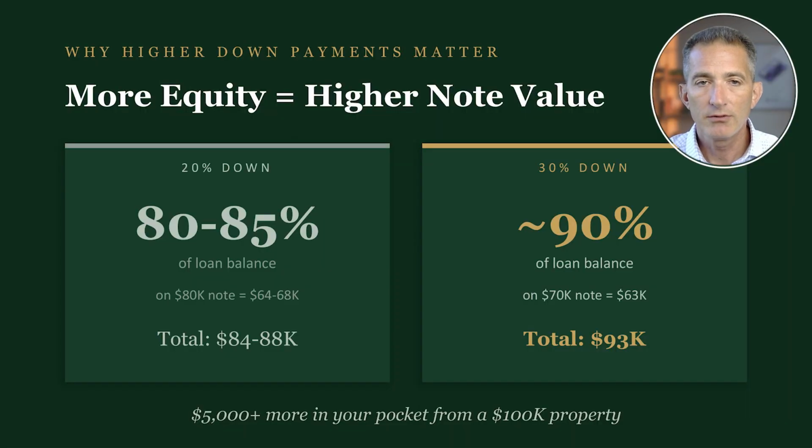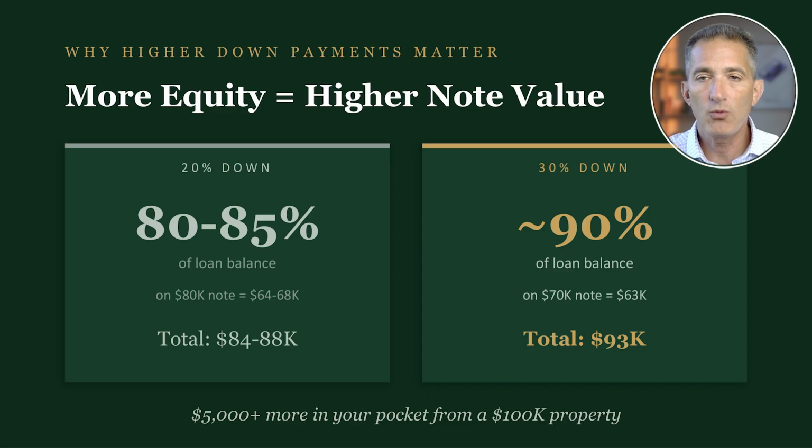Here's a critical point. When you negotiate a higher down payment, you're not just protecting yourself from default. You're also increasing the value of your note if and when you sell it. A note with 30% down is worth more to me as a note buyer than a note with 20% down. Why? Because there's more equity, which means less risk. If the buyer defaults, I have a bigger cushion.